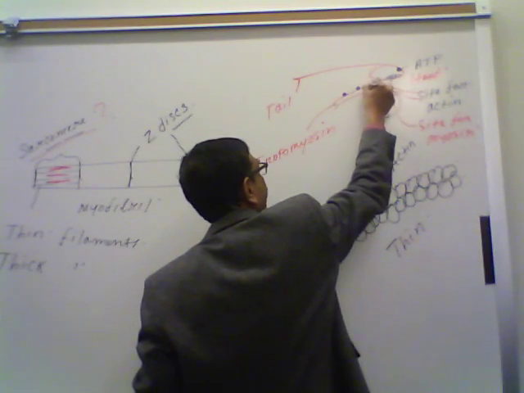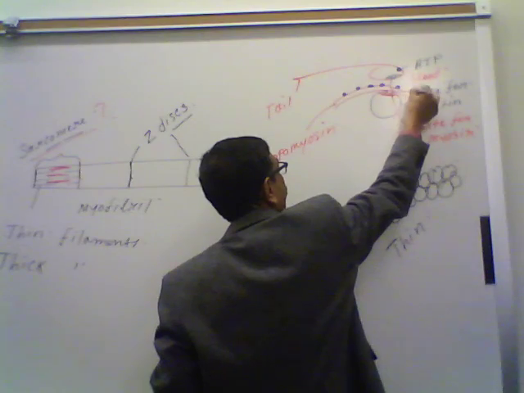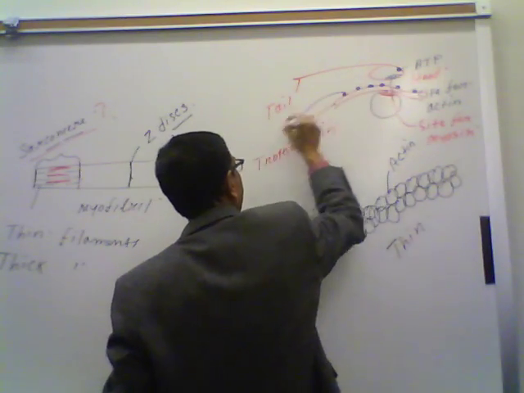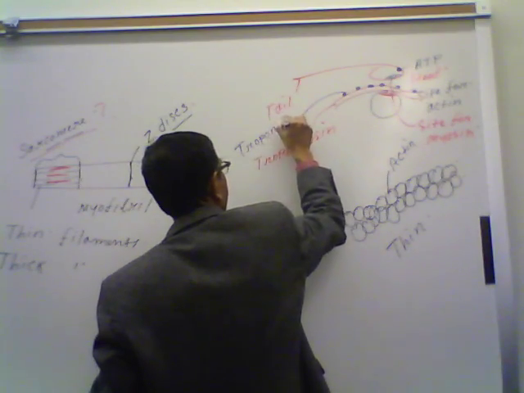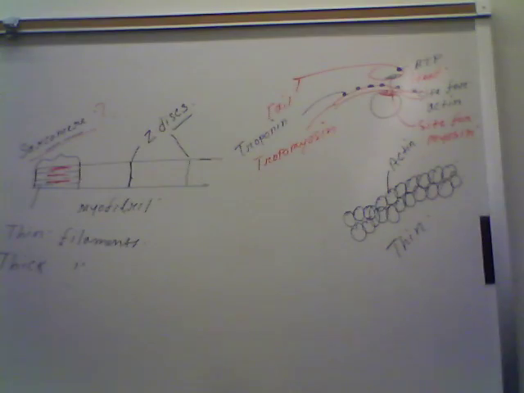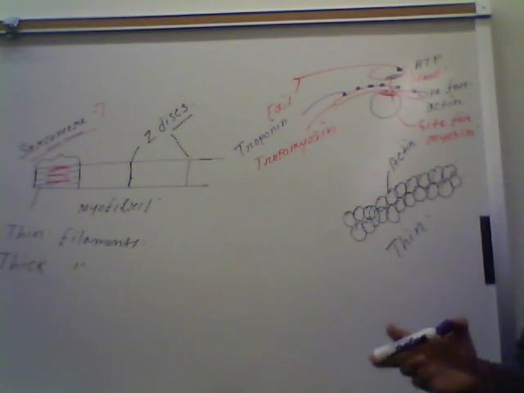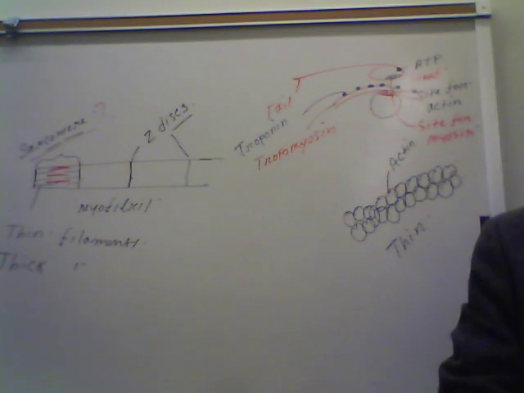These are called troponins. All these are protein structures: actin, myosin, tropomyosin, troponin.